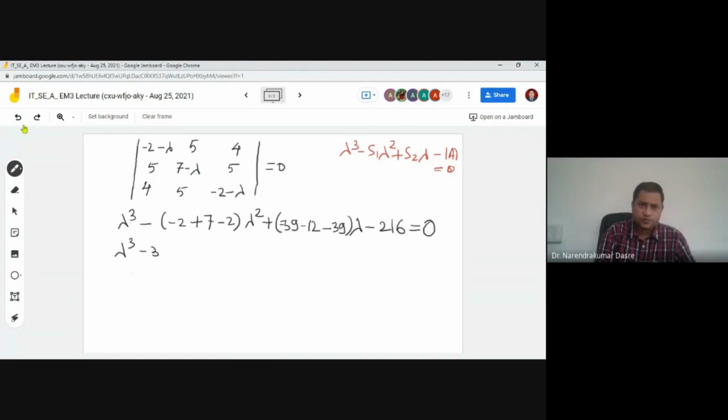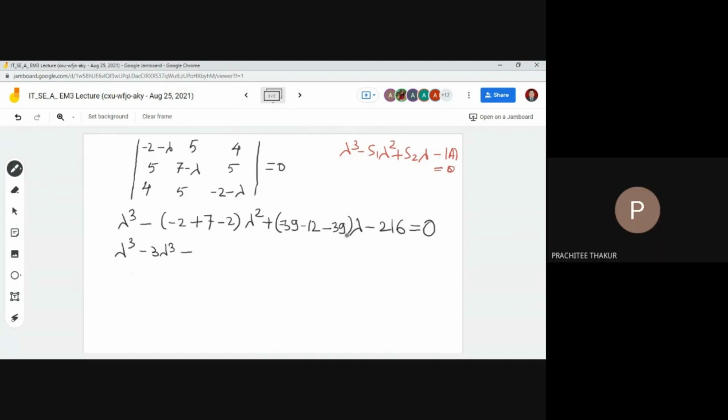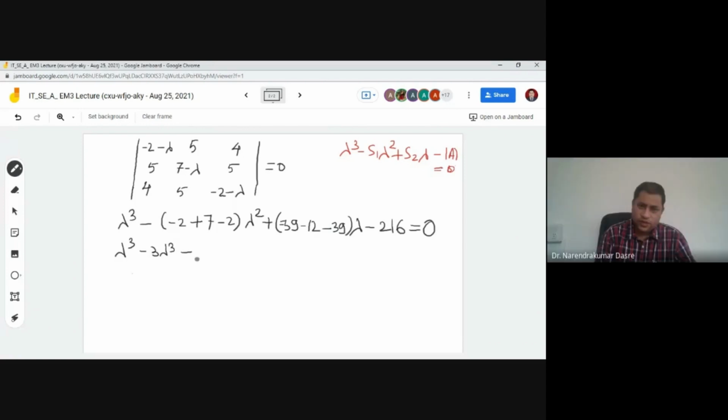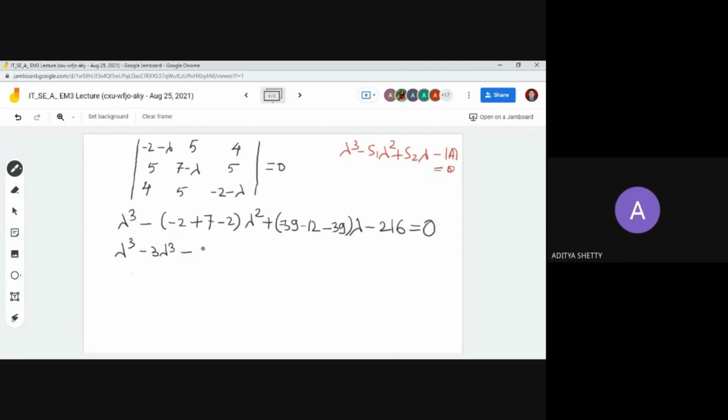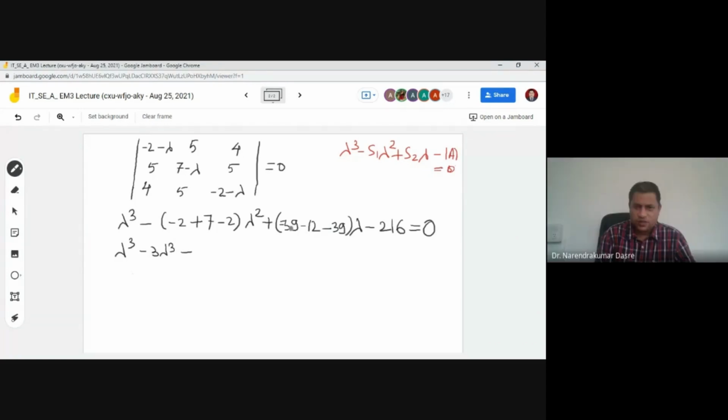Then the sum for lambda: minus 39 minus 12 minus 39, which is minus 90. Please be careful. So we have 90 lambda minus 216 equal to 0.